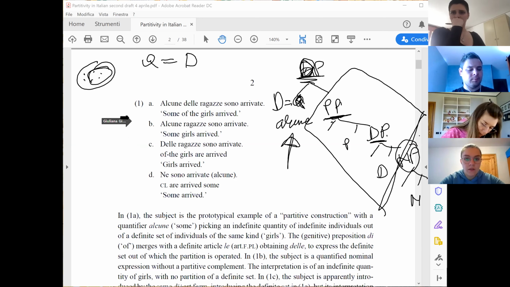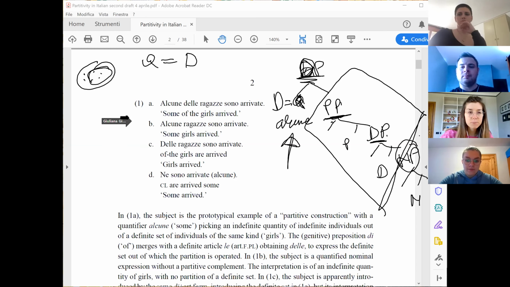That's the difference between alcune ragazze, which may be indefinite, although in Italian plural alcune is specific. Ho visto alcune ragazze. No, it could be indefinite. Ho visto alcune ragazze.